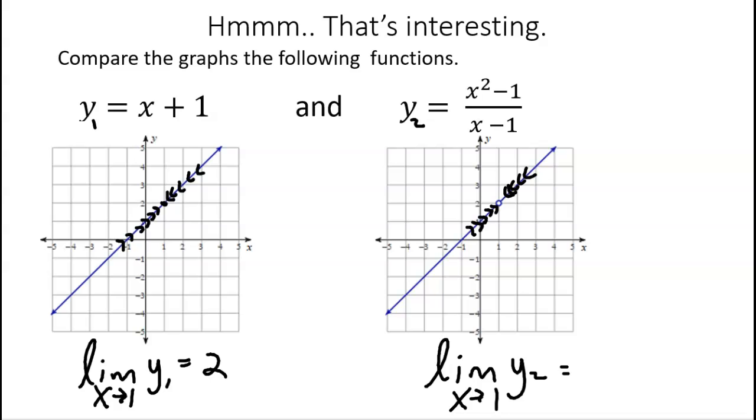And we're still approaching the same y value as on the other graph, and that's 2. So here's what I want you to notice. They both equal 2, and therefore the limit of function y1 is equal to the limit of function y2. The reason for that is because those two graphs are exactly the same. The only difference is that the one on the right has a hole.